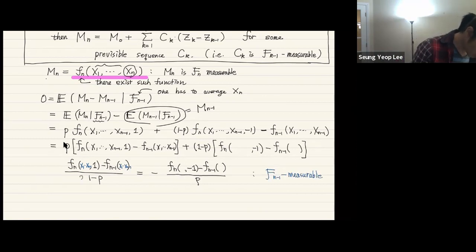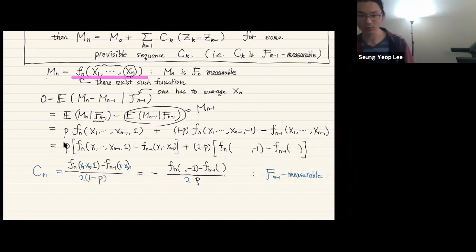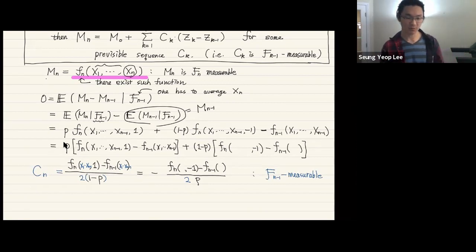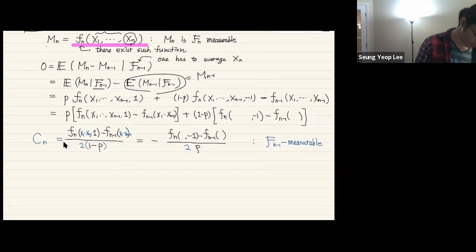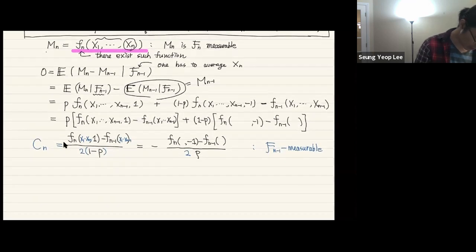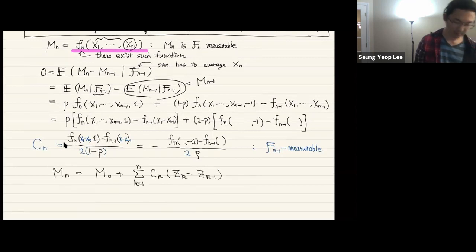I will multiply both sides by 1/2 so that I have 2. And then this I will define to be Cn. That's predictable because it's Fn minus 1 measurable. So that's my definition of the predictable sequence Cn. Then it should miraculously hold true. So let's show that now this Mn is given by M0 plus the sum of Ck times Zk minus Zk minus 1, for k from 1 to n.